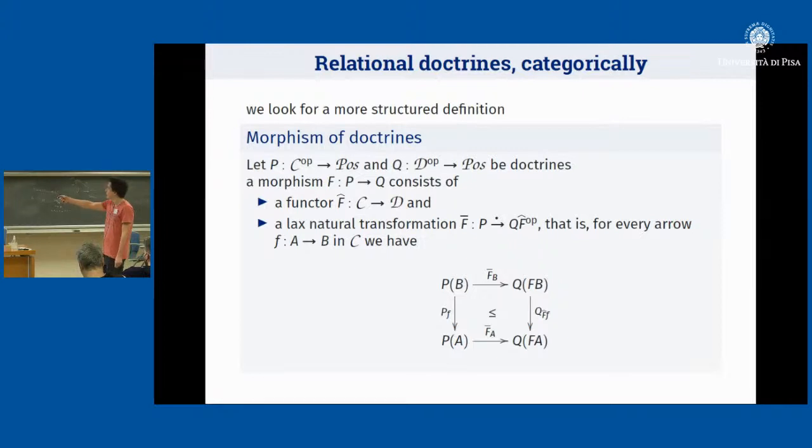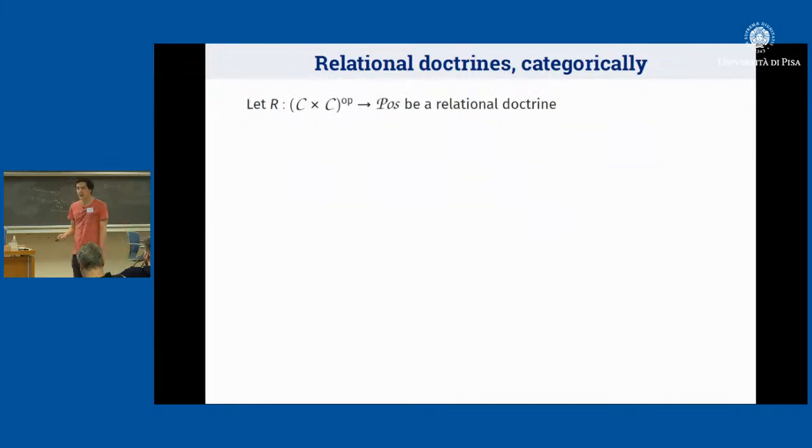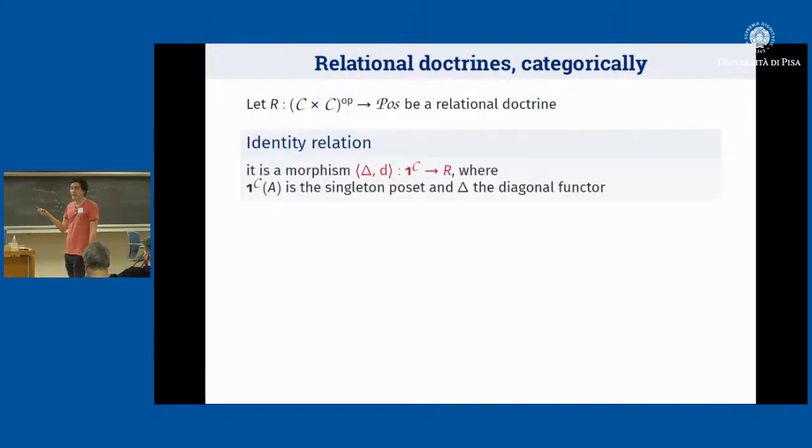And so these are the morphisms of doctrines, and given that, we can describe the structure of a relational doctrine as algebraic structure inside the category of doctrines, basically. So what is the identity?